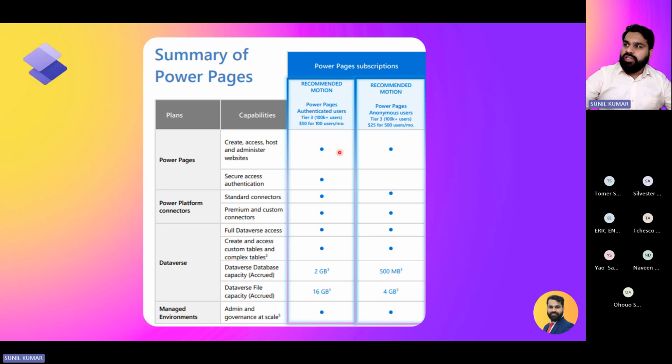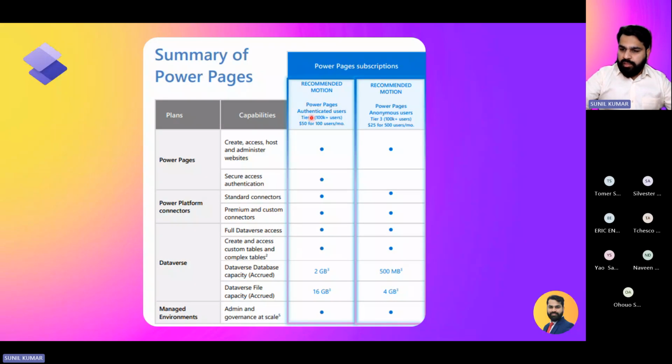Right now, we are talking about the users who are external. The main intent of Power Pages is to enable external organization users to interact with the data and the forms within the website. So we are going to talk about external users.